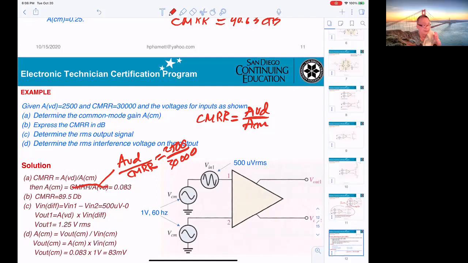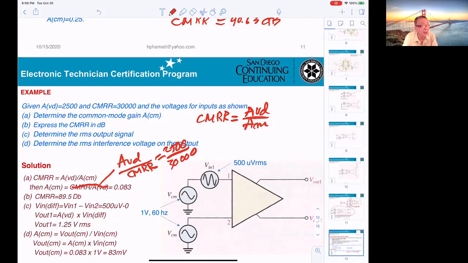And now number C, they say if V in differential equals V1 minus V2, that means V1 is 500 microvolt, V2 has no signal, 0, so minus 0, okay?